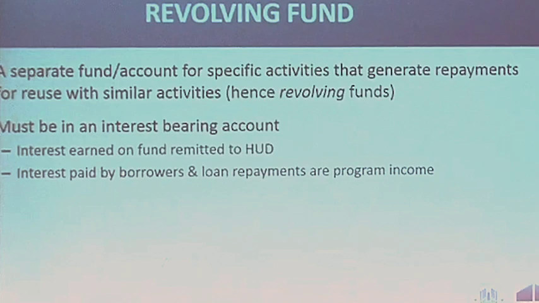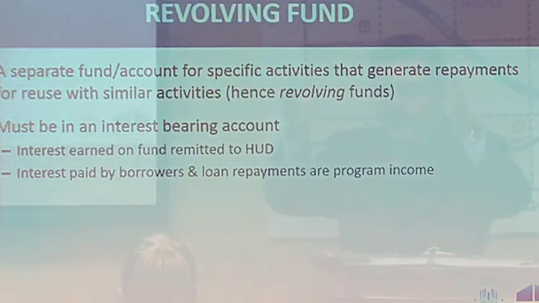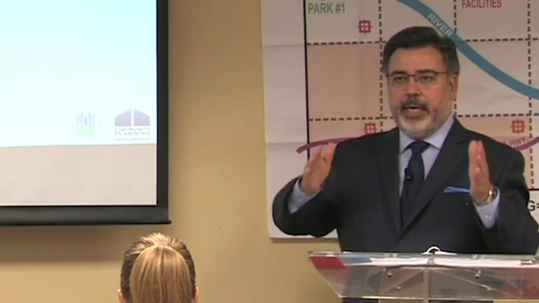It has to be a separate fund account for a specific activity. There's a key word there, okay? That generates payments for reuse with similar activities. What it does is allow you to wall off program income.